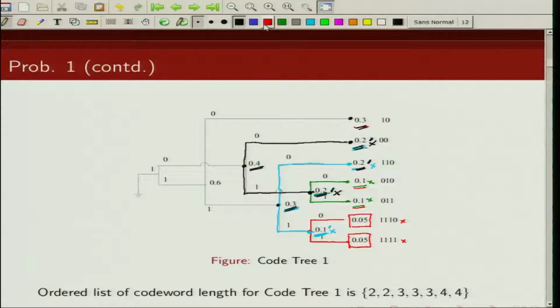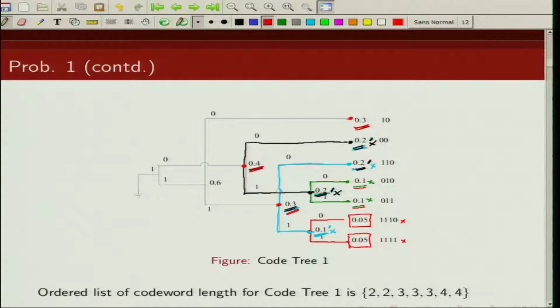Now at this point, these 3 are my active nodes. I have this node with probability 0.3, this node with probability 0.3, and this node with probability 0.4.